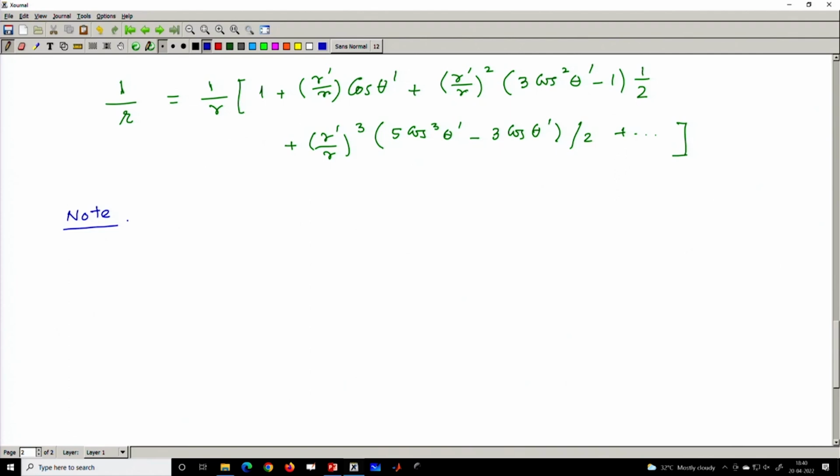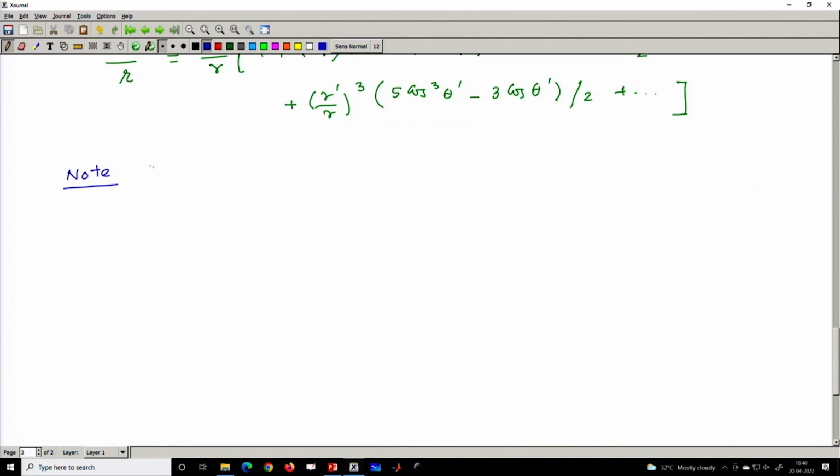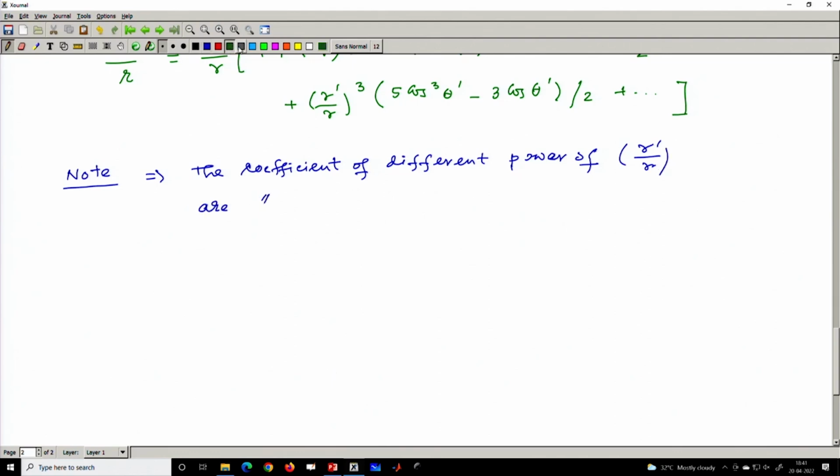The coefficients of different powers of r prime divided by r are very special terms which are called the Legendre polynomials.